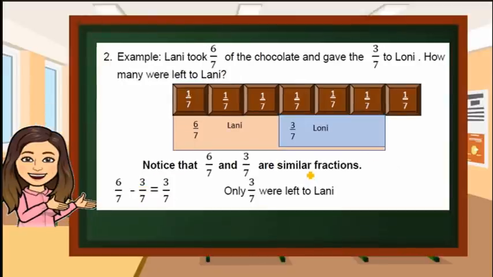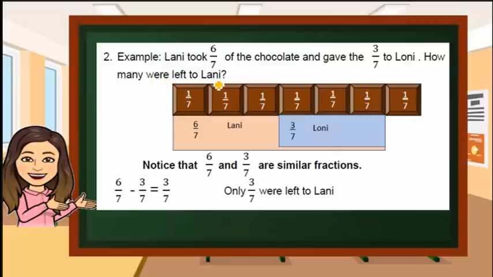Okay, let's now go over to subtraction, still in similar fractions. For the second example, let us analyze this problem. Lani took 6/7 of the chocolate. And with the 6/7 that she took, she gave 3/7 to Lonnie.